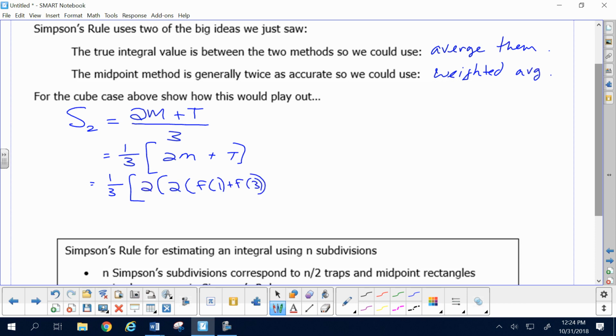Plus the trapezoids were 2 over 2, the delta x times the parallel sides, which really is the half of the formula, and then we did f at 0 plus 2 f at 2's plus a single f at 4.